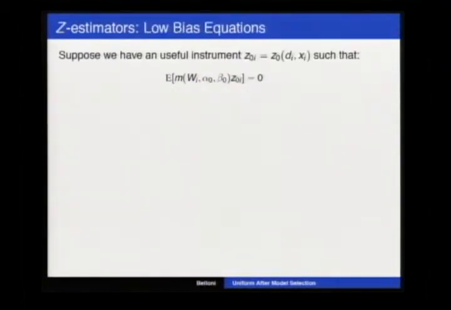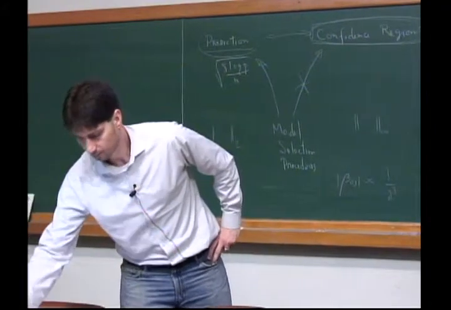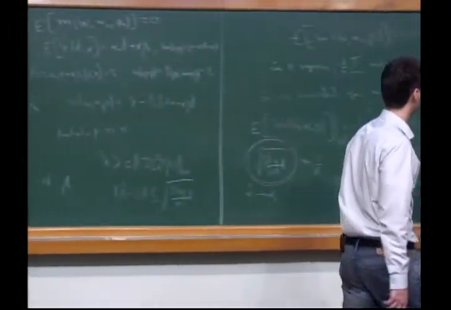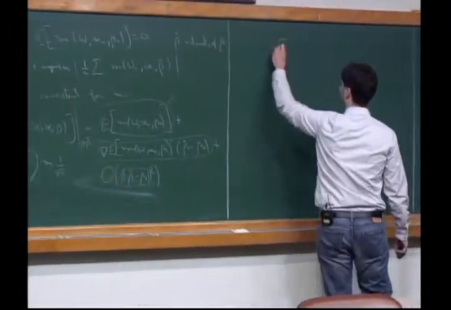Now, the way we're going to try to get around this is to come up with low bias equations, which essentially boils down to using some instruments. Instruments might sound a little bit strange if you never saw them.